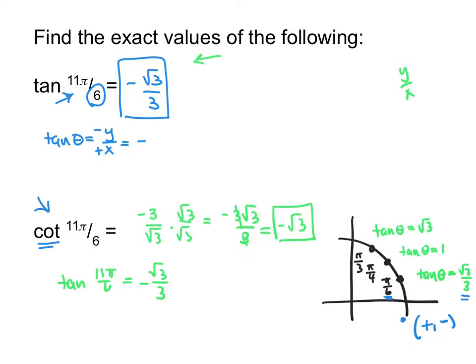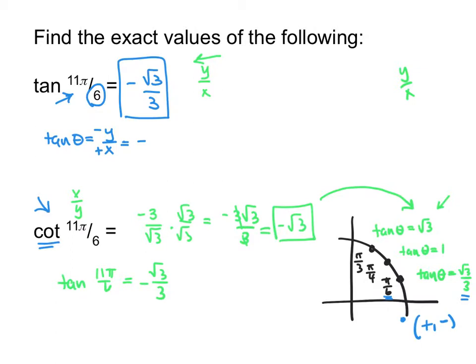And I hope you realize that it is this value. Because what we're doing is we're really just switching the x and the y. When we're finding cotangent of 11 pi over 6, cotangent is x over y. Tangent up here was y over x. We did this math already when we found the tangent of this function.